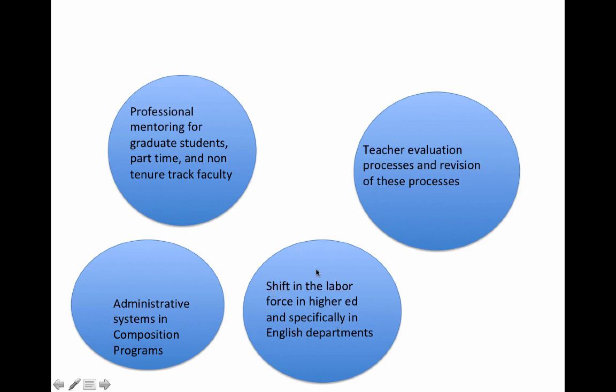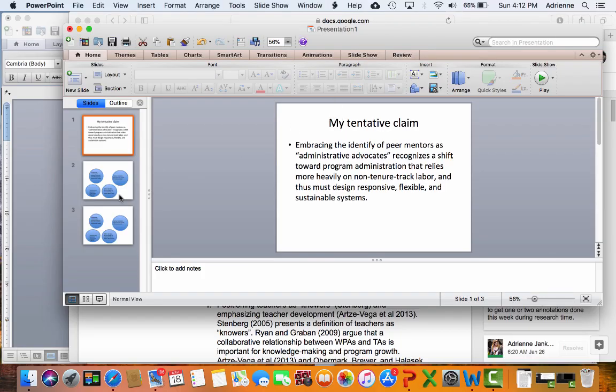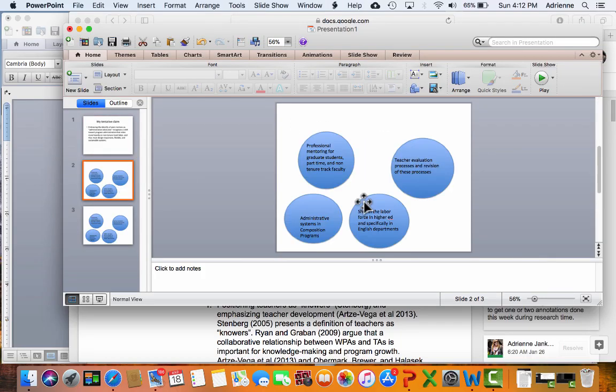Another part of my claim is that the labor force in higher education is shifting to non-tenure track faculty, or a heavier presence of non-tenure track faculty. And then I want to look specifically at administrative systems and composition programs. So already, just in talking through that, I can see that I've got two more major ideas.